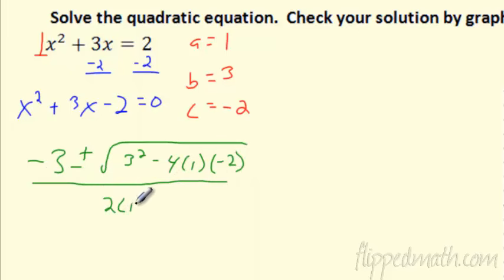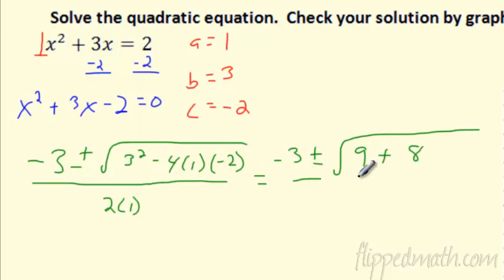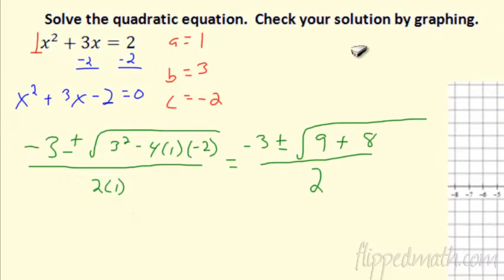I'm going to give you this formula whenever you need it, but you'll probably use it so much that you'll memorize it just from using it. So how do we simplify this thing? Well, we're going to simplify underneath that square root first. So it's plus or minus the square root of what? 3 squared is 9, minus 4 times 1 times negative 2. Since it's a negative times a negative, it is plus 8, and all of that is over 2 times 1, which is 2.